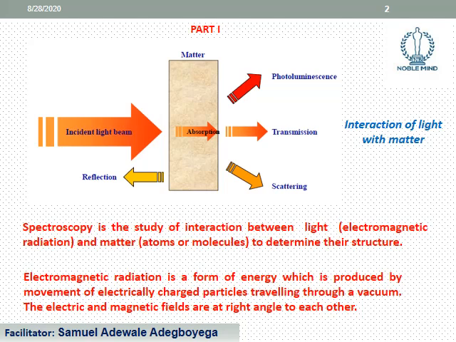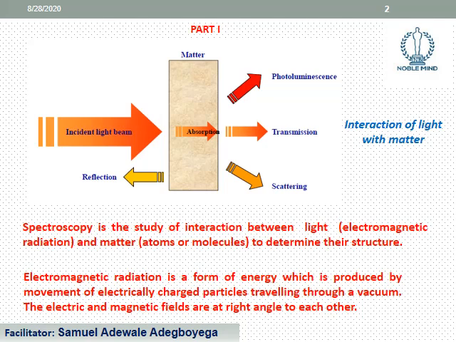Part of the light will be scattered, part will be transmitted, emission, as you could say, and some will result in photophysical reactions, which is photoluminescence.